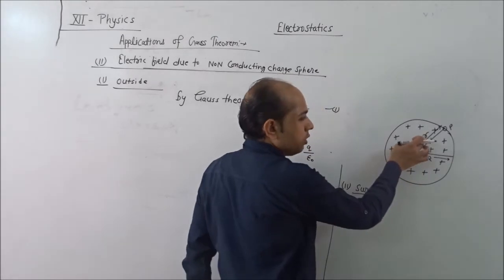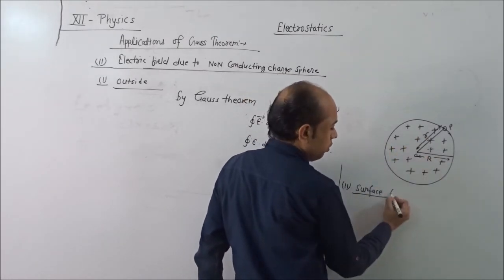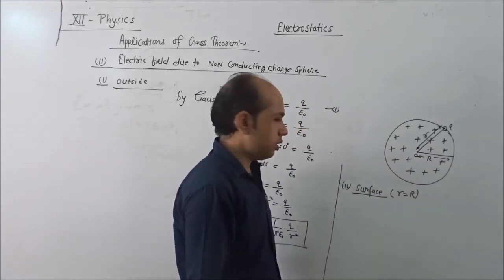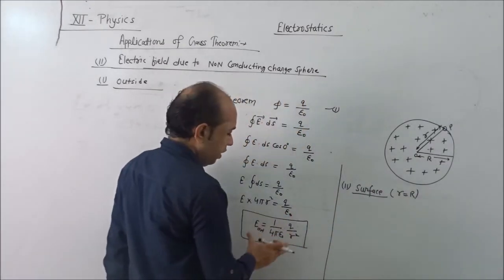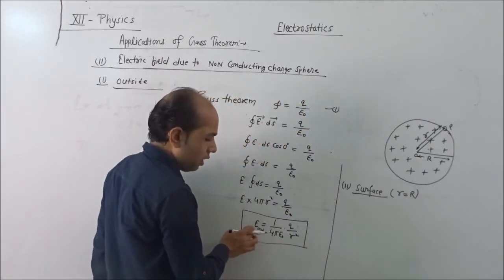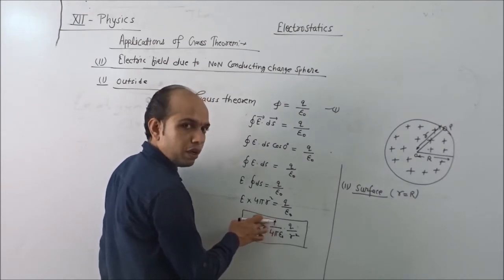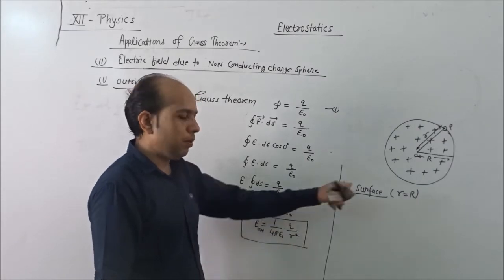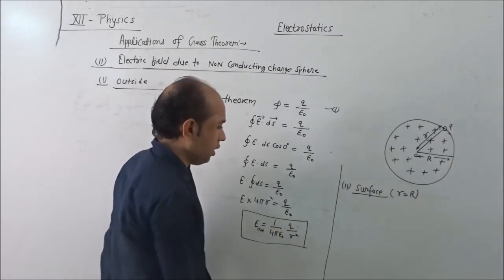In this situation small r is equal to capital R. So this is the only difference. In the previous result we calculated E outside, equal to 1 upon 4 pi epsilon naught, q upon small r square. This is replaced by capital R square.